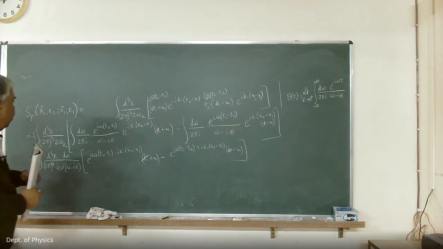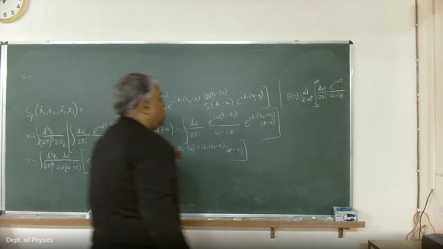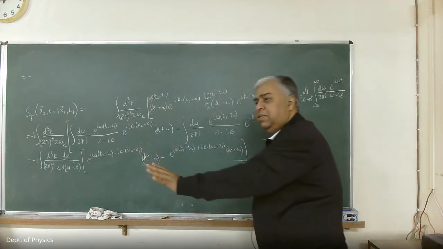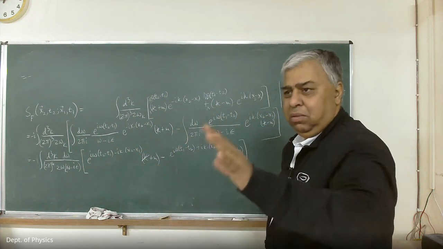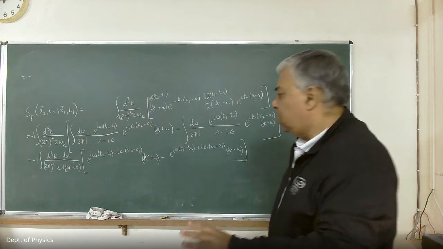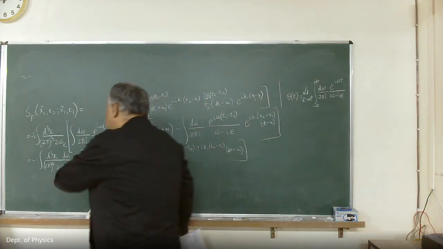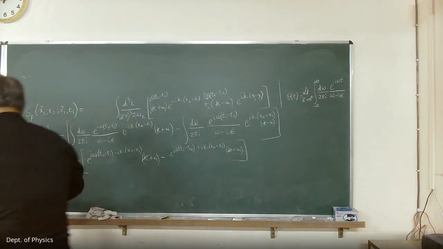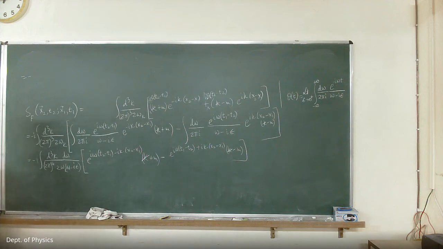Actually, here the limit epsilon tends to 0 occurred here. So here also it is understood, but I am suppressing this. I want to avoid the cluttering of indices. It is understood that eventually you have to take the limit epsilon going to 0. Keep that in mind.